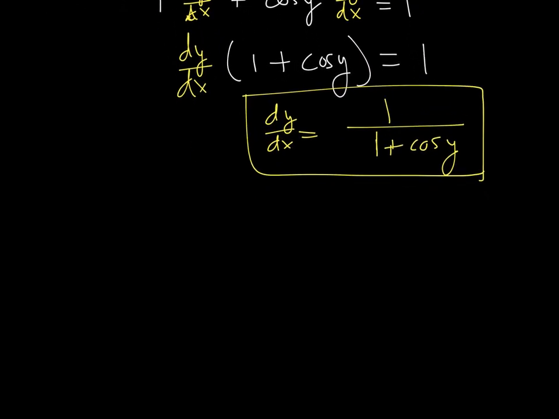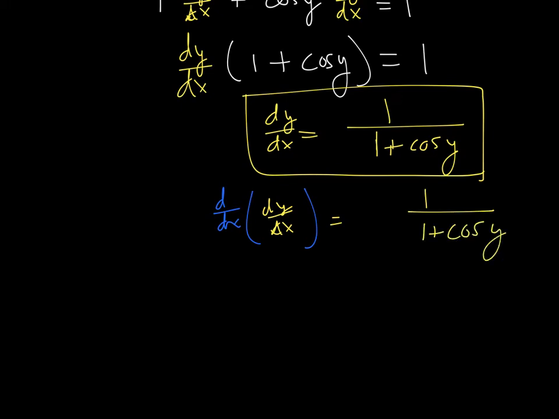So let's go ahead and take the derivative of our derivative, which means that I'm going to be looking at derivative with respect to x of dy/dx, and then of course derivative with respect to x of 1 over 1 plus cosine y.